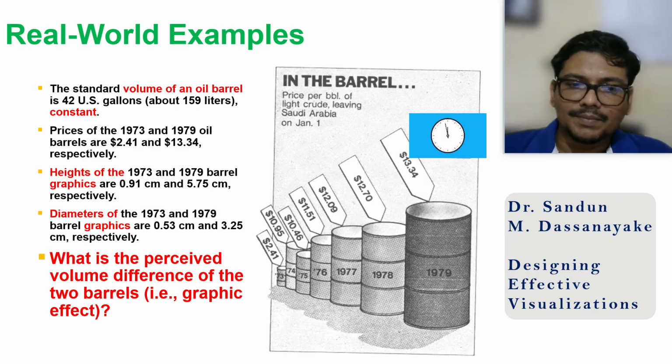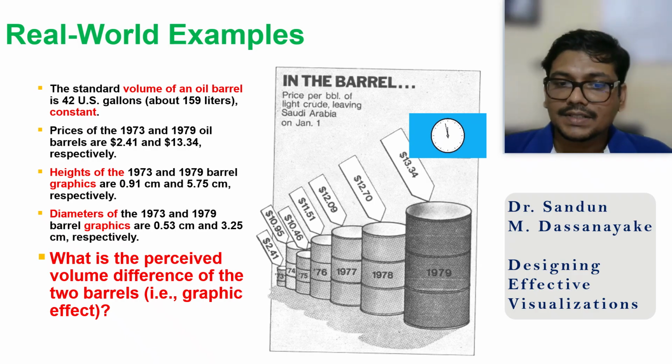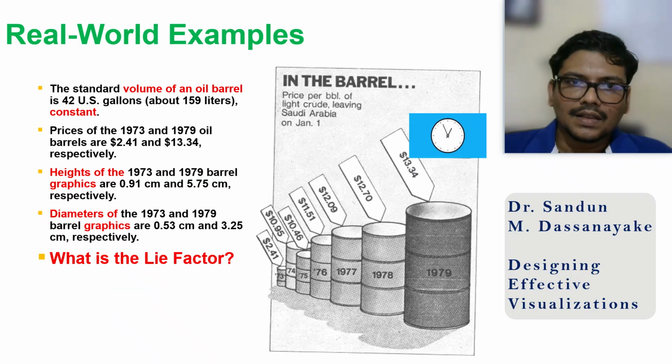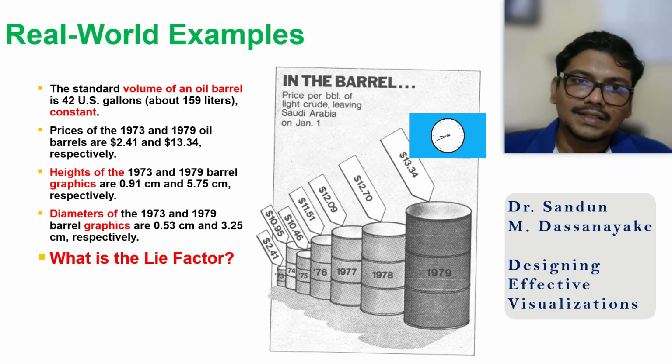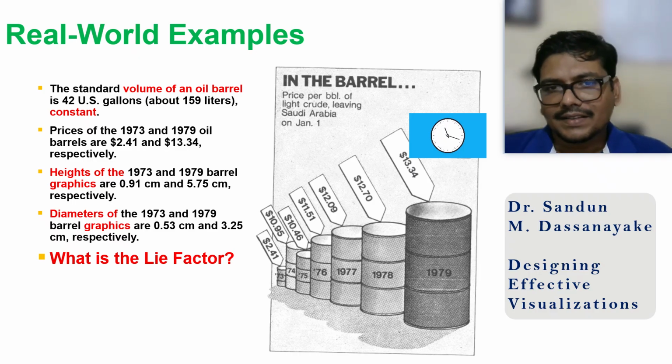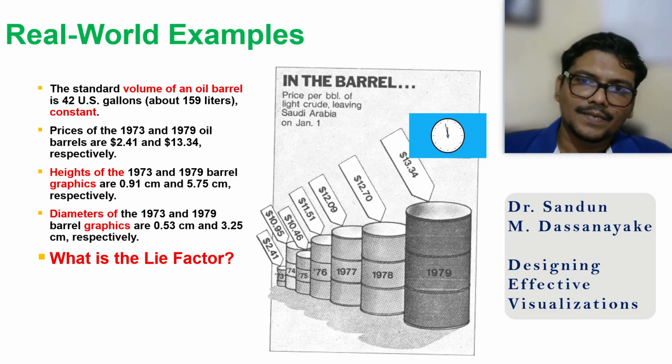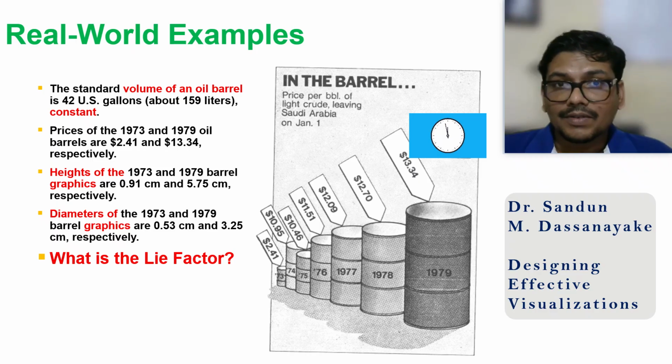Calculate the perceived volume difference, which is the graphic effect. And now, what is the lie factor? Size of the effect in the graphic divided by size of the effect in data. You can see how large the lie factor is.